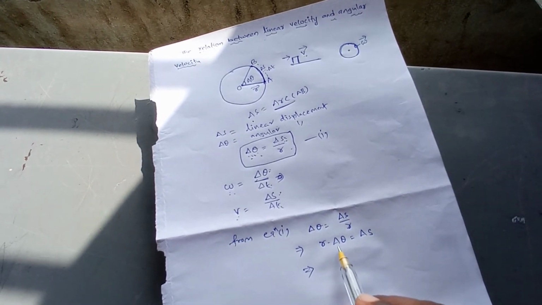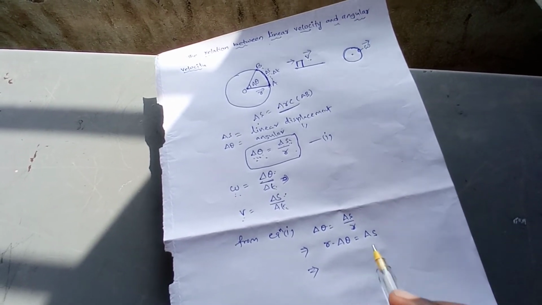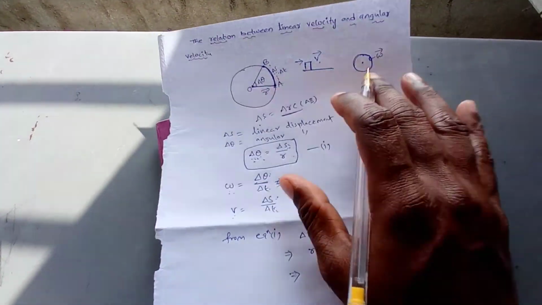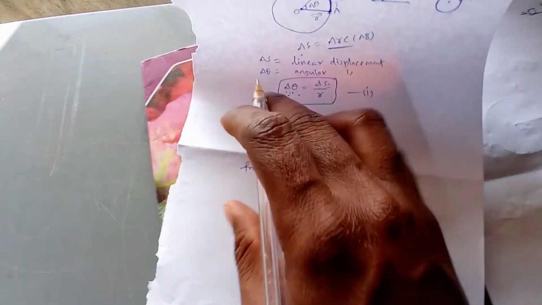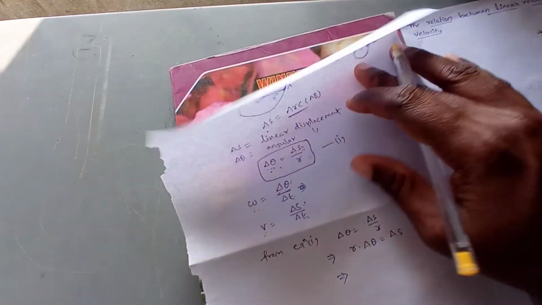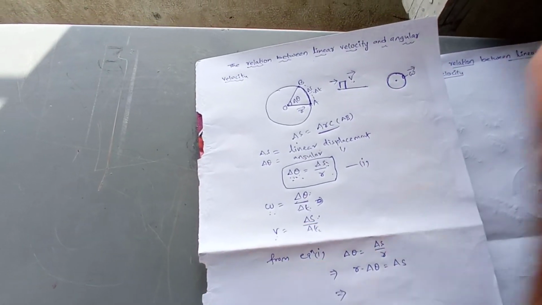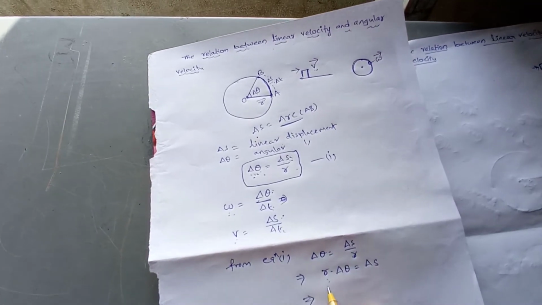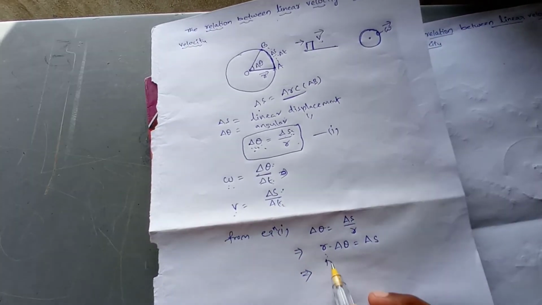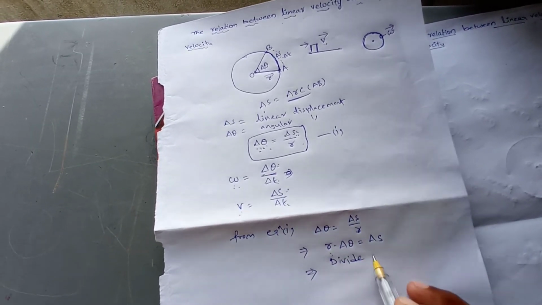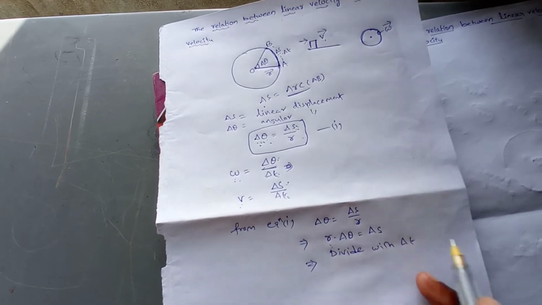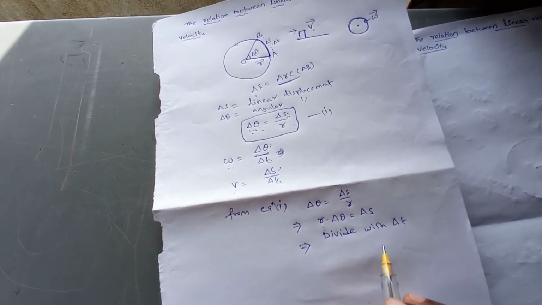So divide this equation on both sides by delta t.